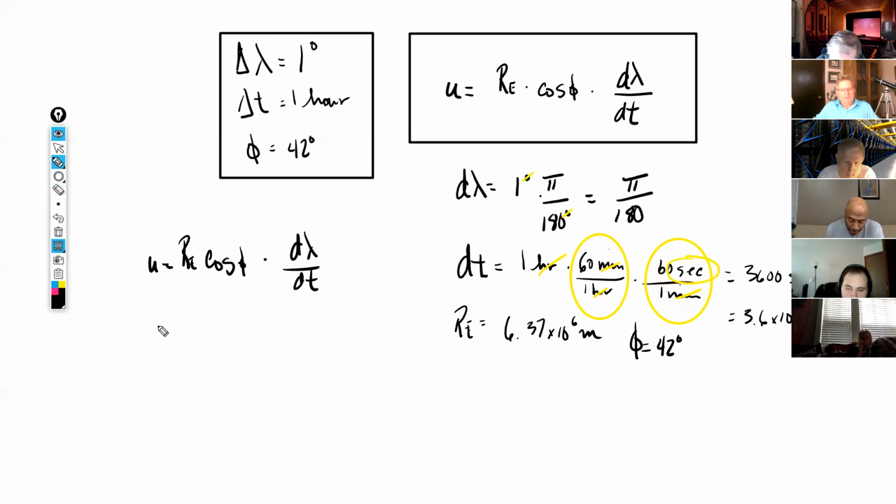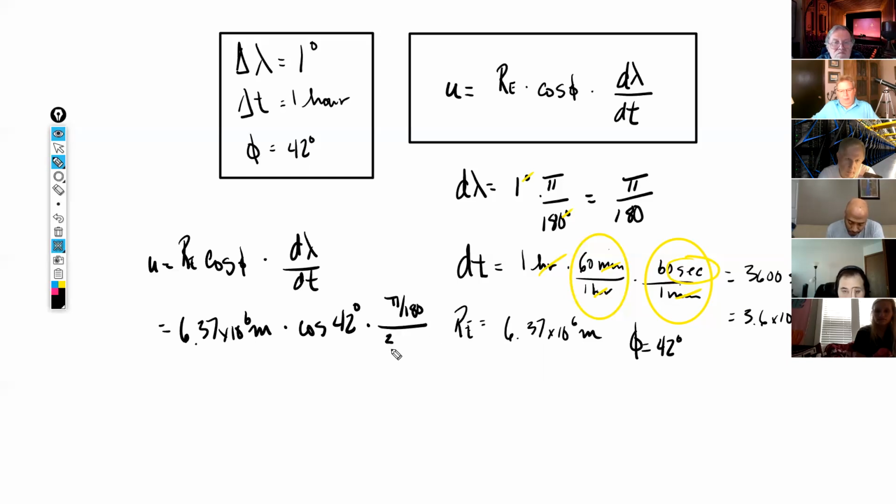Then I go equals, plug in 6.37 times 10 to the 6th meters times cosine of 42 degrees times pi over 180 all over 3.6 times 10 to the third.